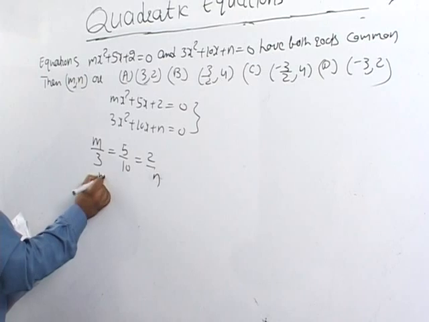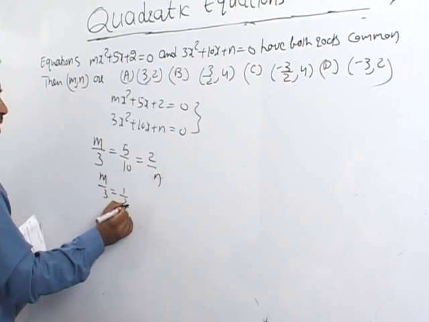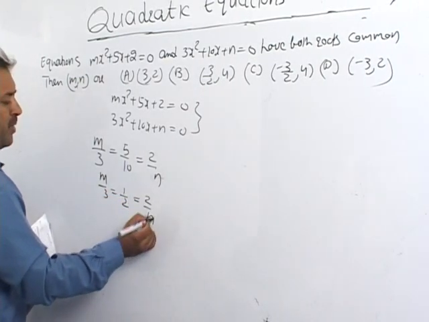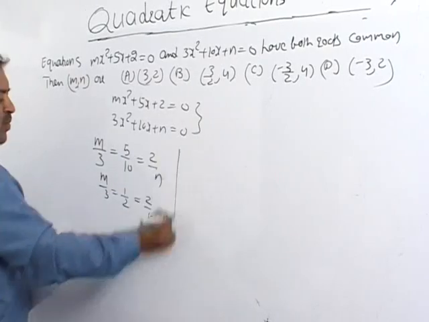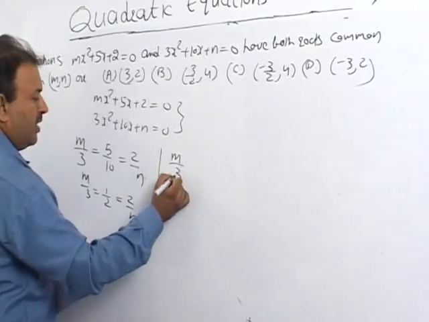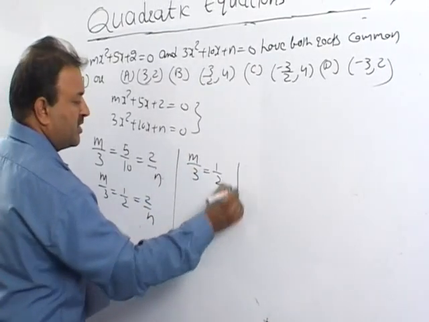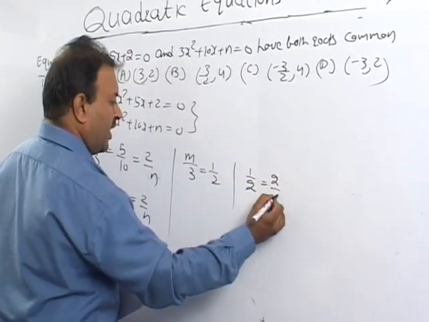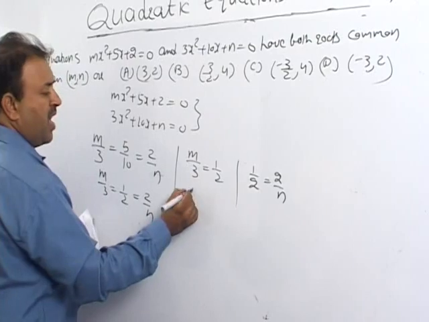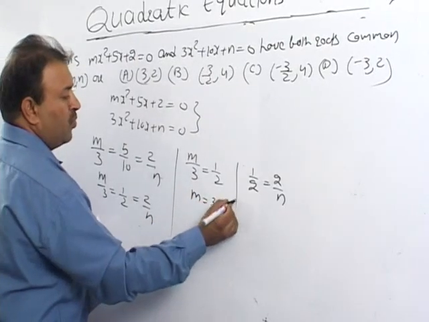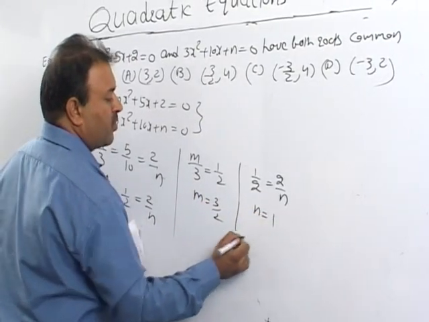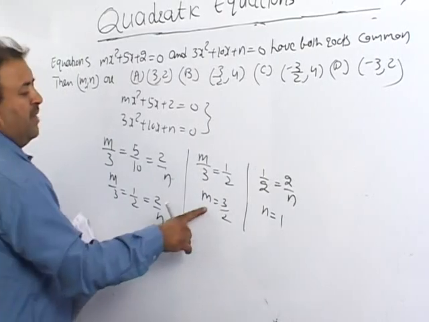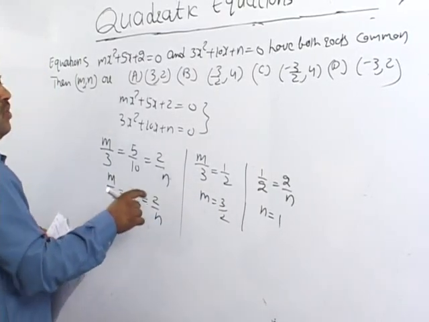Then I can say m by 3 is equal to 1 by 2, and this is equal to 2 by n. Now m by 3 is equal to 1 by 2 is the first case. In the other case, 1 by 2 is equal to 2 by n. M will be equal to 3 by 2 and n will be equal to 1. So m is 3 by 2 and n is equal to 1.